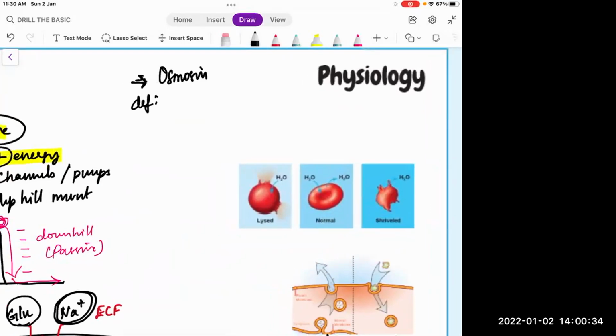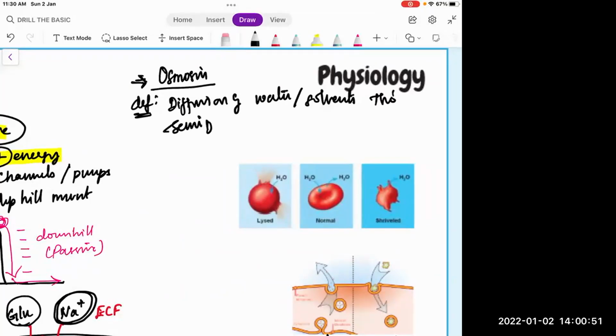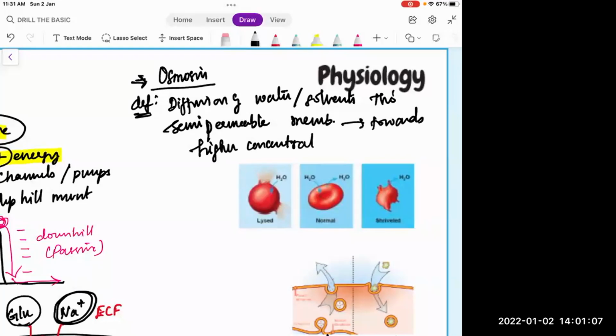First of all, the definition of osmosis: it is the diffusion of water or solvents through a semi-permeable membrane towards the higher concentration.